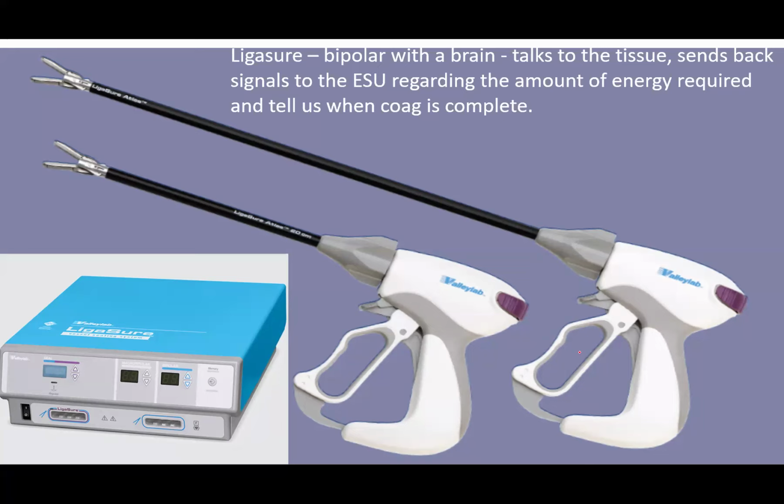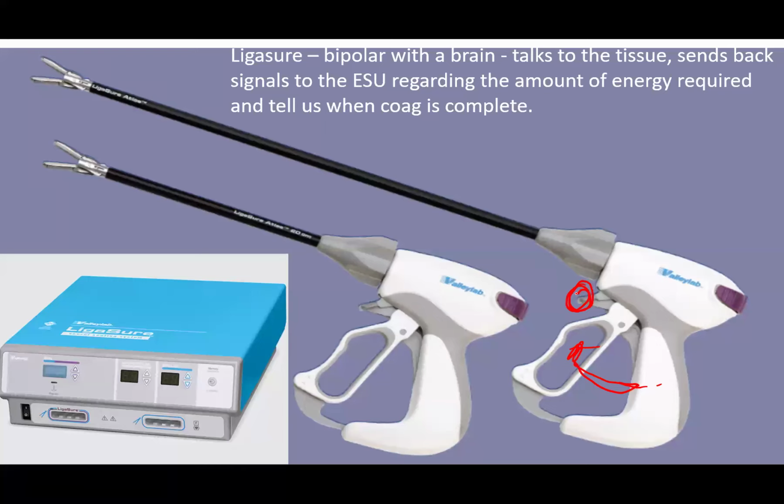When you press this handle here and grasp, it will seal the tissue. As it makes that alarm, it means the vessel is sealed. You now press this knob. As you press that knob, it will now cut the tissue. So that is how the instrument is used.